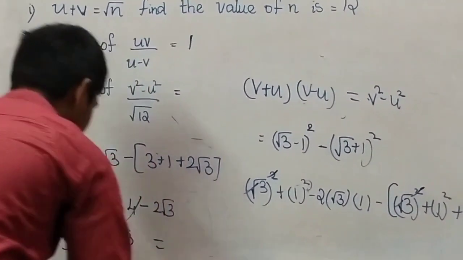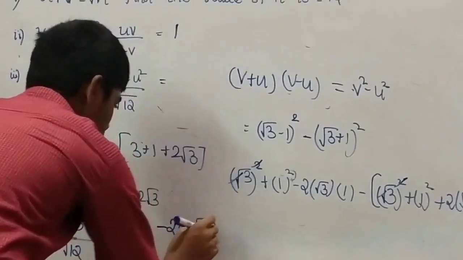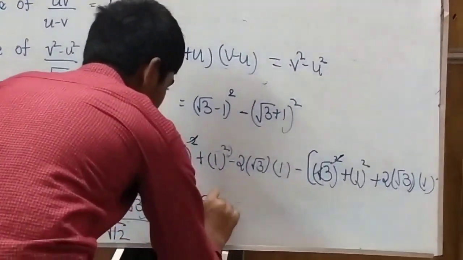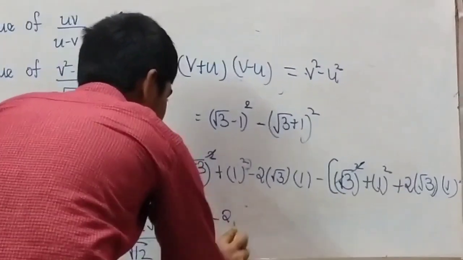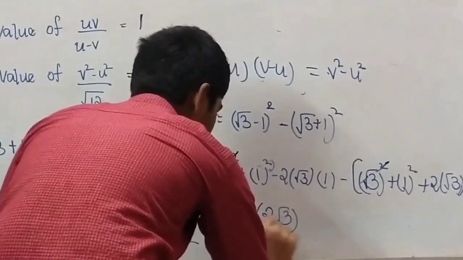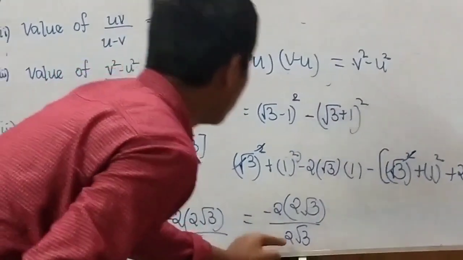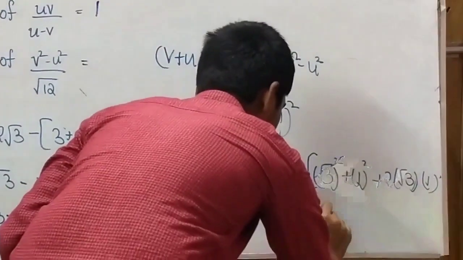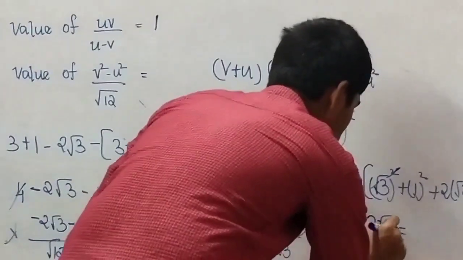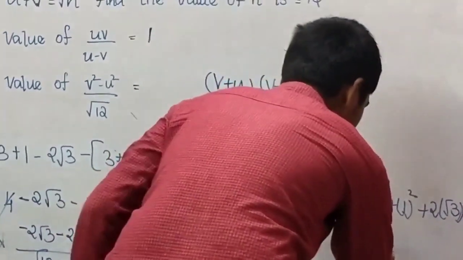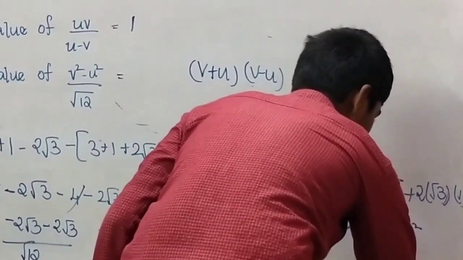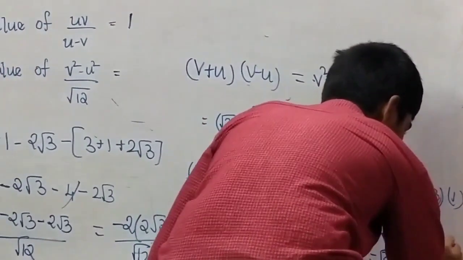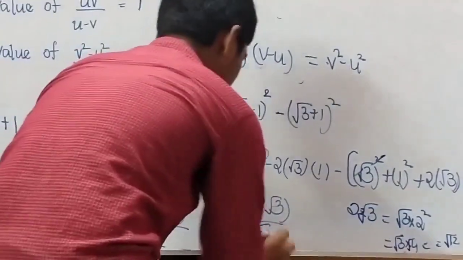So minus 4 root 3 divided by root 12. Root 12 is root 3 into root 4, that is root 3 into 2, so root 12 can be written as 2 root 3.